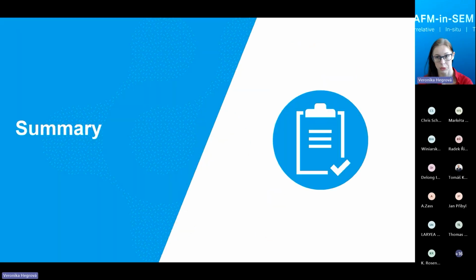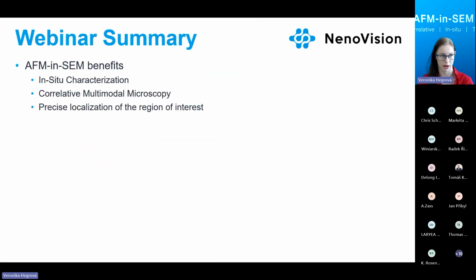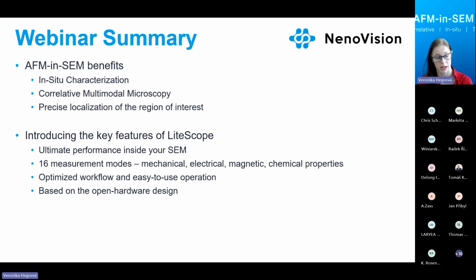So if I should summarize what we've been talking about, I explained the main AFM-in-SEM technology, how it works, and what the main benefits are: in-situ characterization, correlated multimodal microscopy, and precise location of the region of interest. I introduced the key features of the LiteScope package, which has ultimate performance inside your SEM.